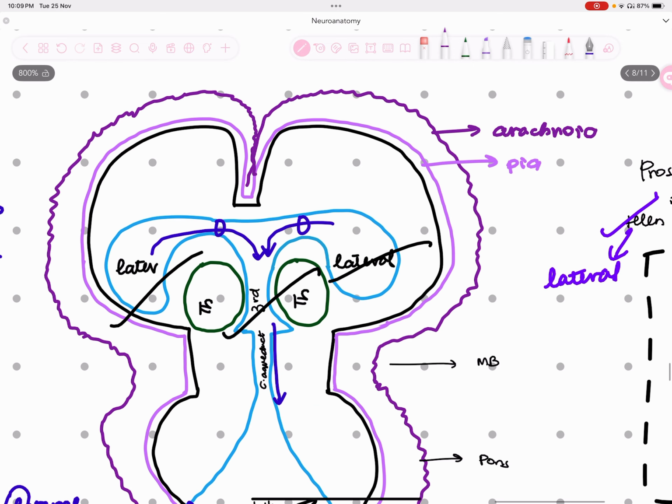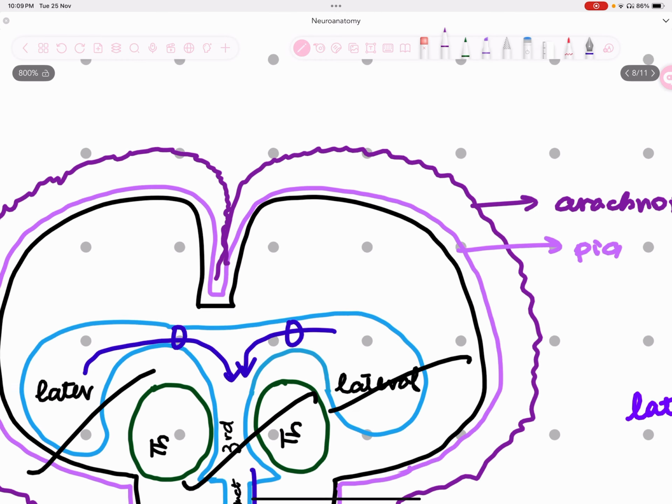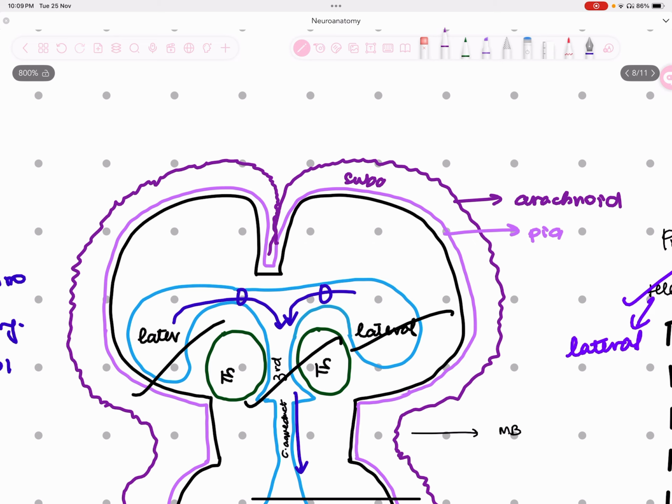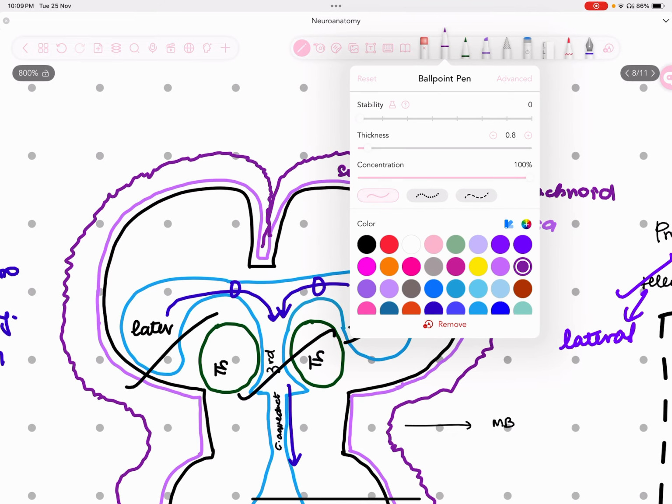So between pia mater and arachnoid mater, this entire region is the subarachnoid space, and this is where you're going to find the CSF. Now, one more layer should be there, the third meningeal layer, which is, let me draw that as well.